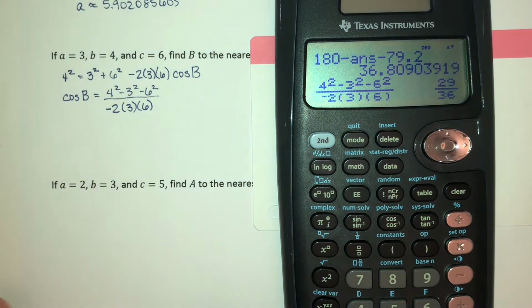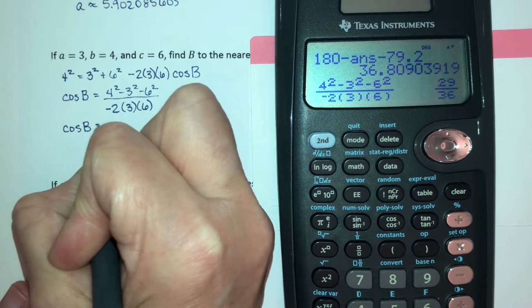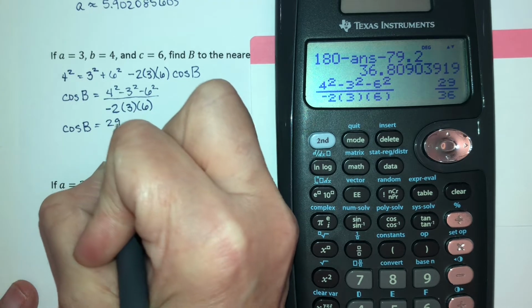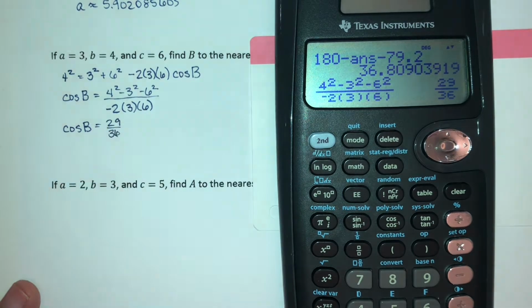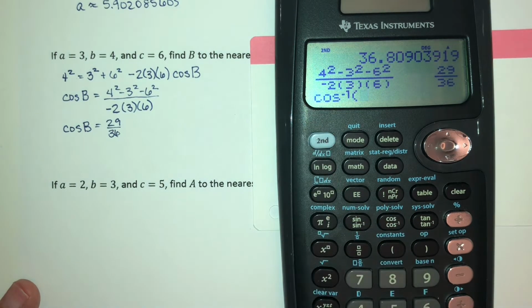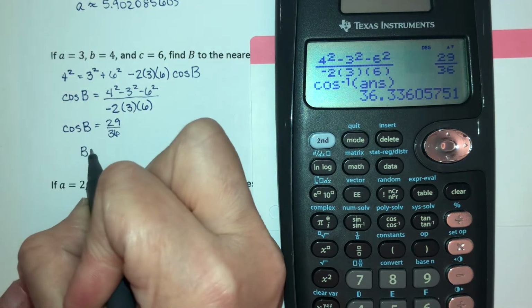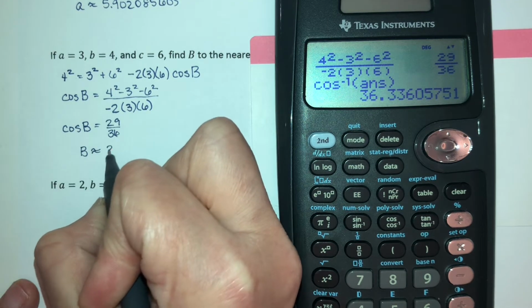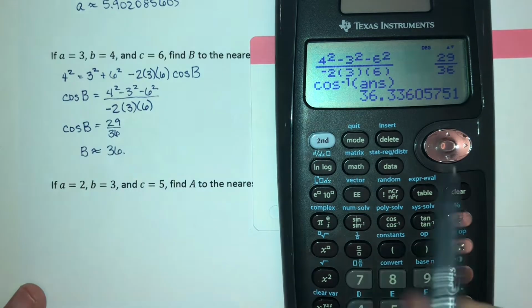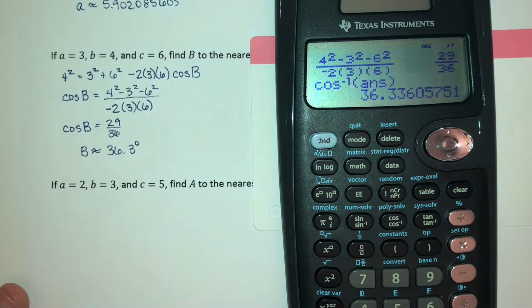And you get that cosine of B is exactly 29 over 36. Take the inverse cosine of that answer to find that B is approximately 36 point, we're supposed to round to the nearest tenth, 3 degrees.